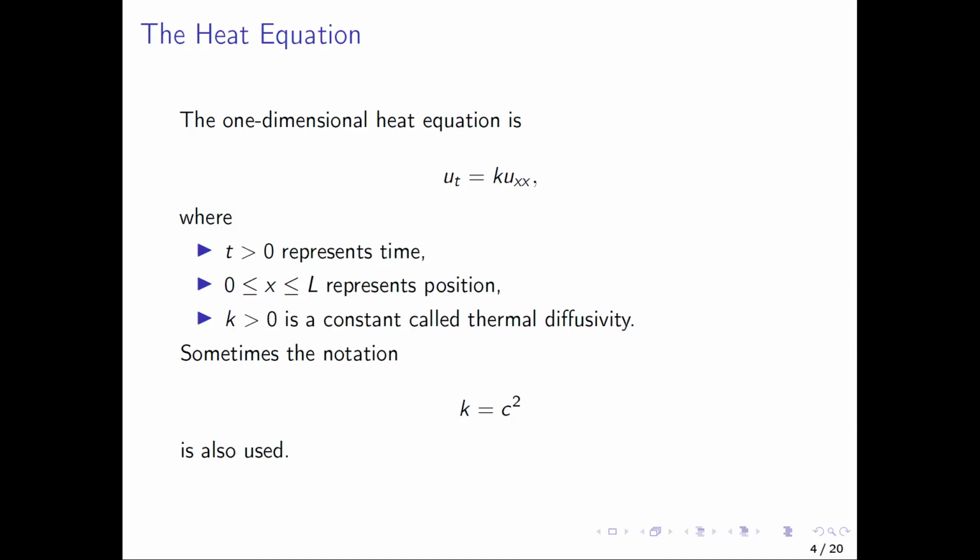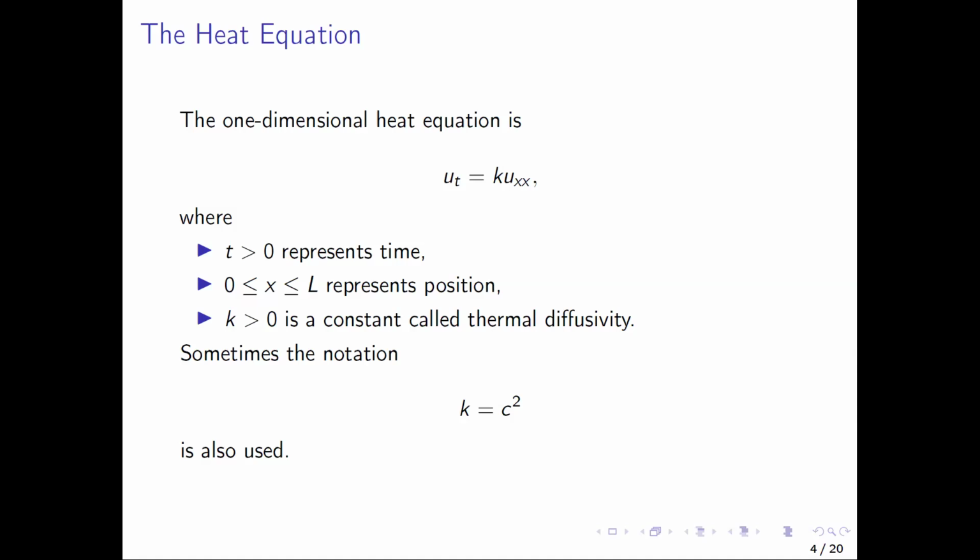So the index x represents position. For the rod, we consider a length L from 0 to L, and t represents time. Here, k is a constant called the thermal diffusivity. As you see, there is only one derivative with respect to time. There is no u_tt in our heat equation.